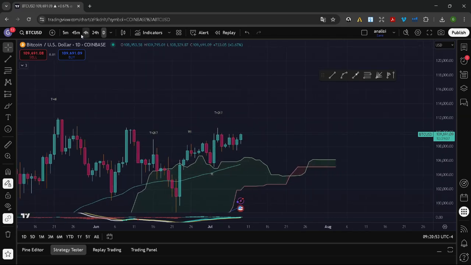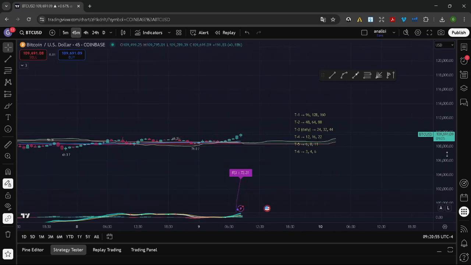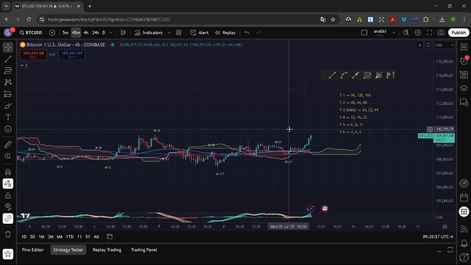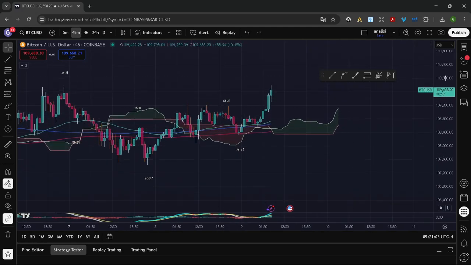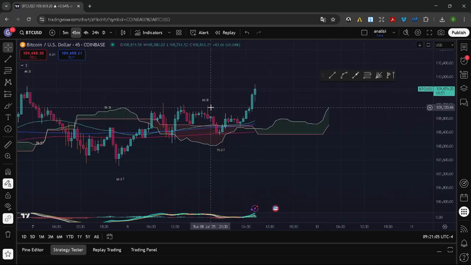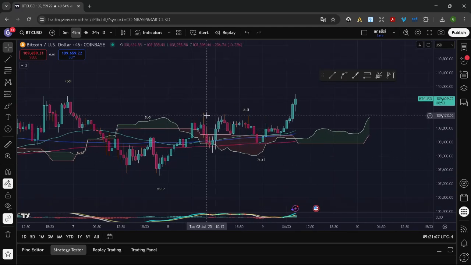So this study of time frames suggests to us that instead of taking, for example, a short position, you can see that at this time the long position has more force, okay, it is moving the market better.